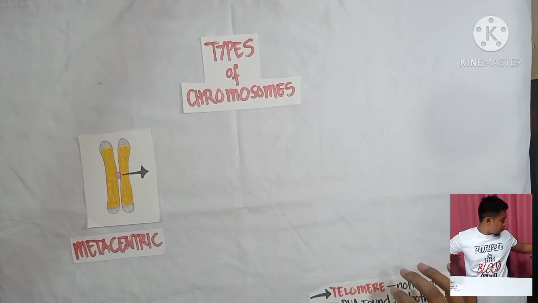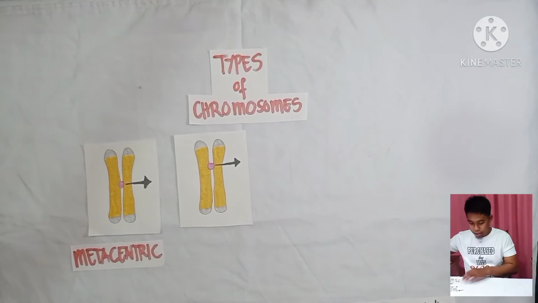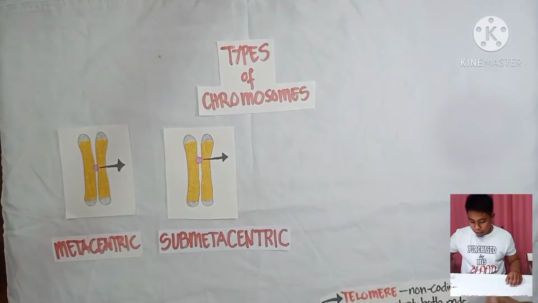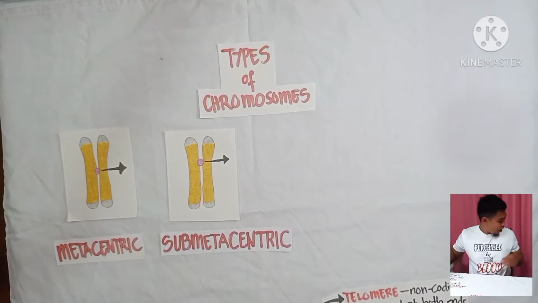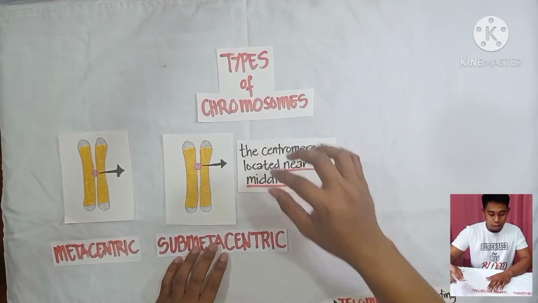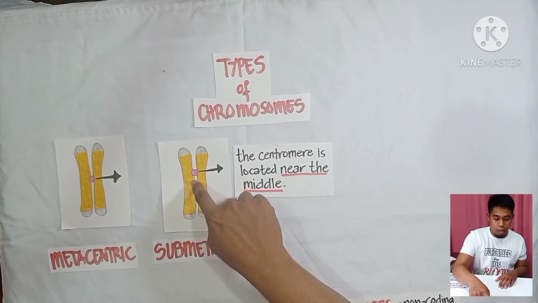The other type of chromosome is what we call the submetacentric. In submetacentric, the centromere is located near the middle. As you can see, the centromere is near the middle.